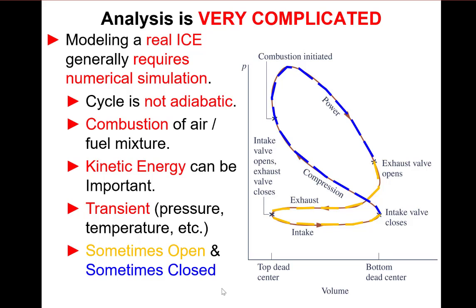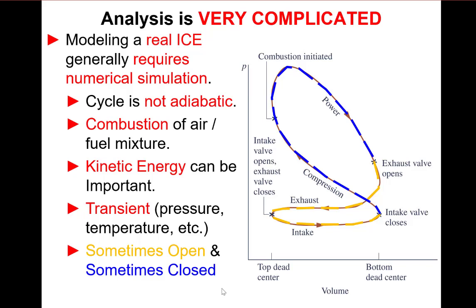At no point is the cycle adiabatic. In real life, we have a chemical reaction, a combustion reaction, happening inside our piston cylinder assembly. Sometimes the working fluid is air, but sometimes it's an air-fuel mixture. And then sometimes, as we combust the fuel, it becomes air that's weighted heavily towards carbon dioxide and a little less heavily towards oxygen, right?